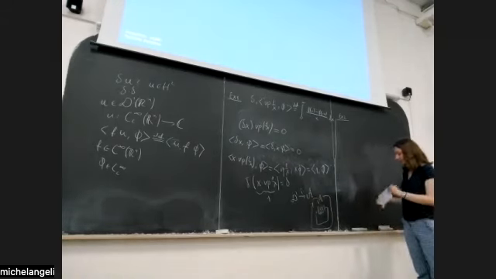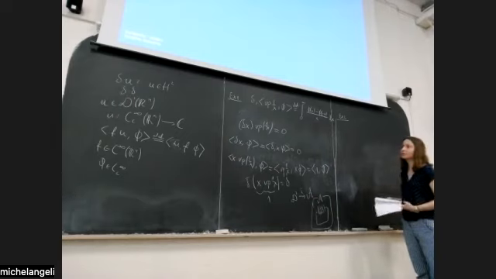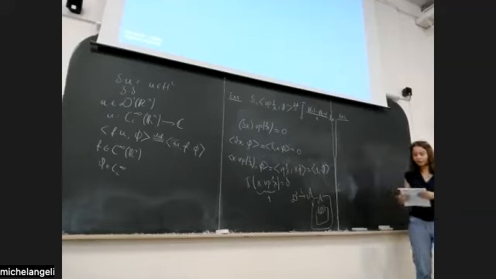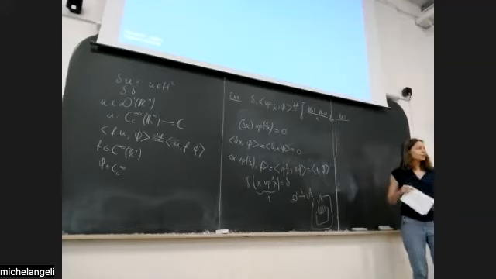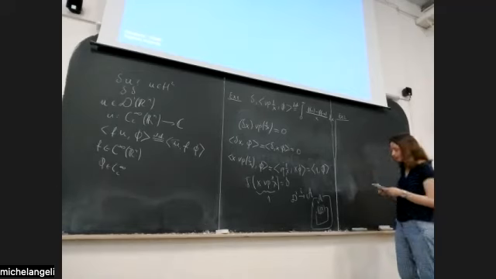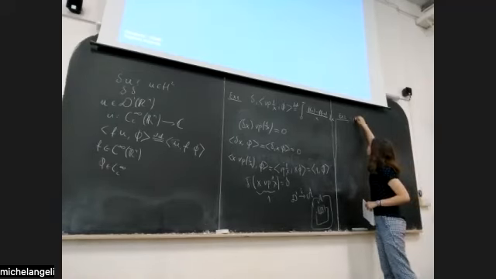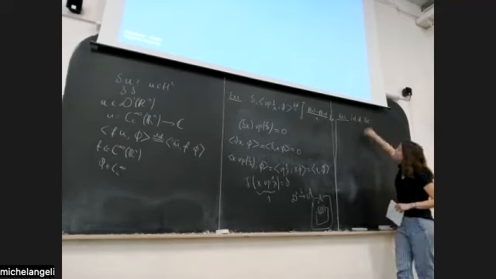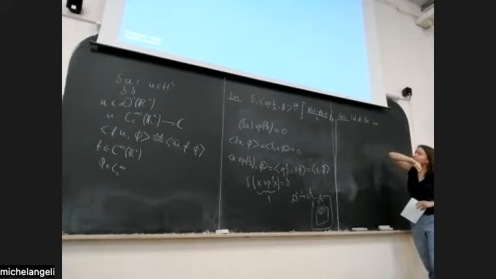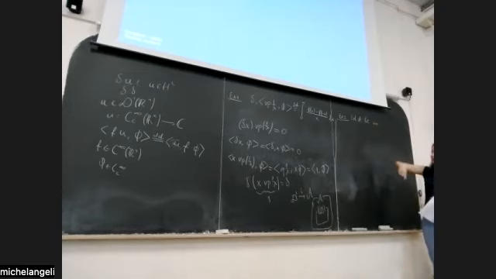Okay, second example. Now, what would be reasonable requirements for our algebra? How to construct the algebra? So, for instance, let A be, so what are reasonable expectations? A to be associative, commutative.